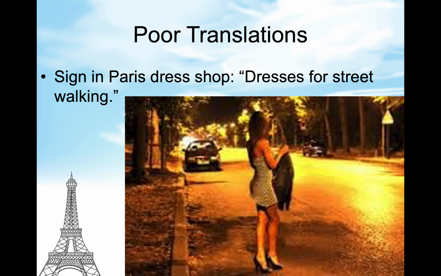Sign in a Paris dress shop. Dresses for street walking. Street walking, of course, is prostitution. When I lived in Germany from 79 to 82, they have streetwalkers. They have prostitutes that stand on the street and try to market themselves. The interesting thing about streetwalkers in Germany is that you can tell which people are streetwalkers and which people aren't by whether they cross their ankles.